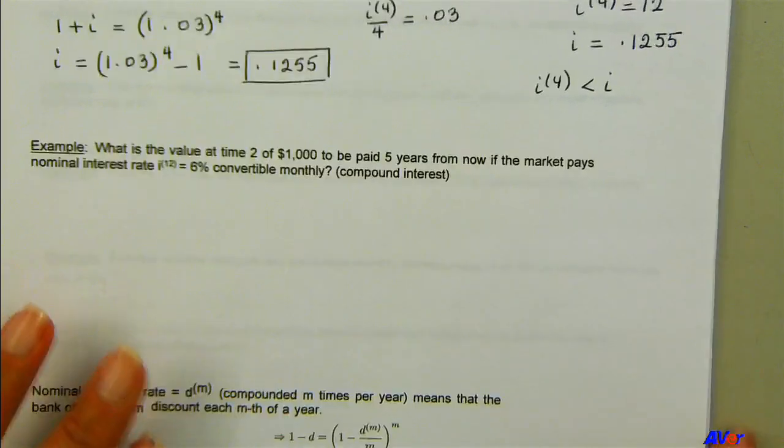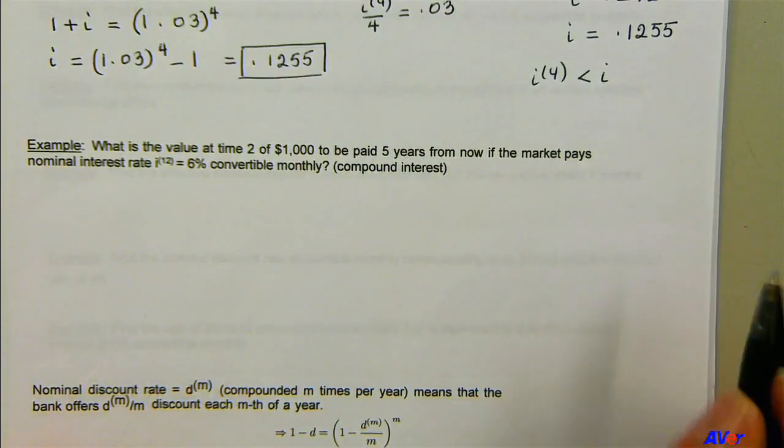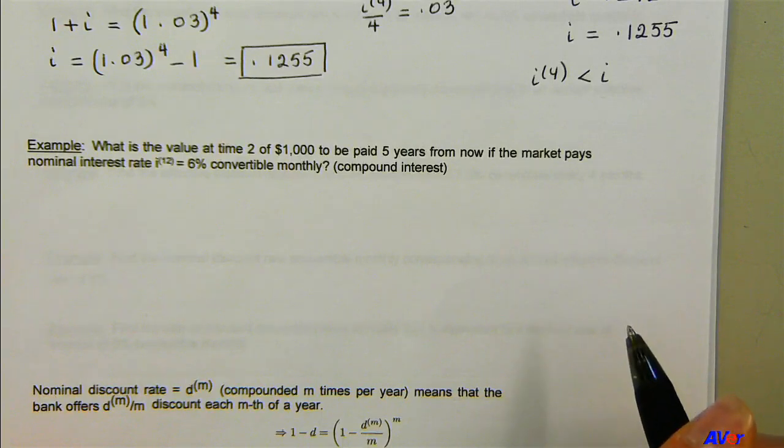Next one. What is the value at time 2 of 1,000 to be paid 5 years from now if the market pays nominal interest rate i^(12) equals 6% convertible monthly?